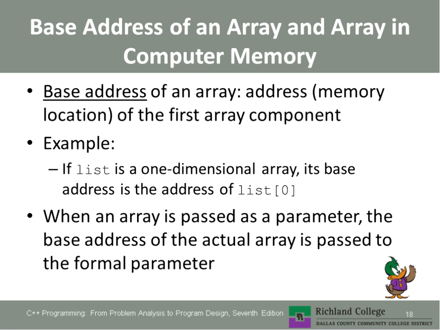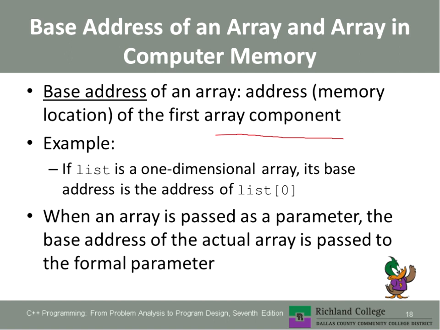So the base address of an array is a memory location, right? So an array name is also an identifier, and the identifier is just a named memory location. So the base address is the first component of the array.